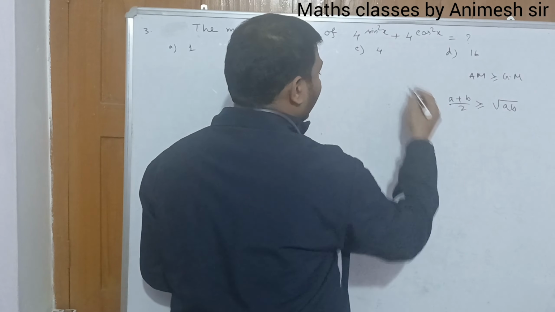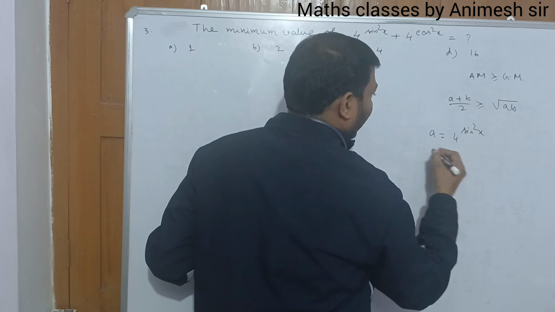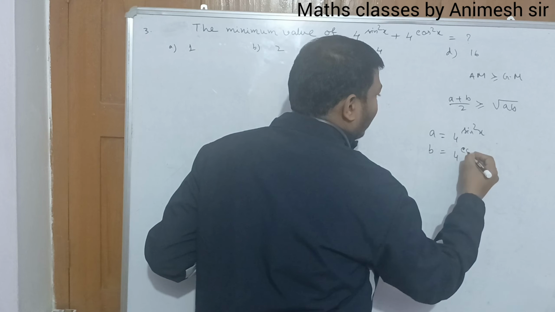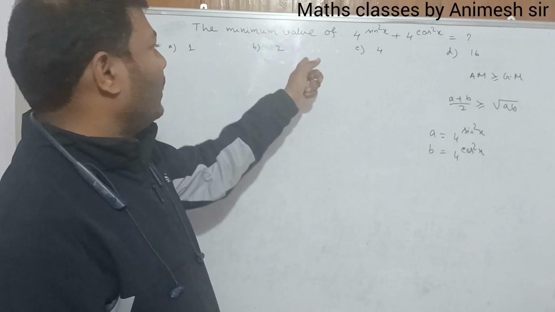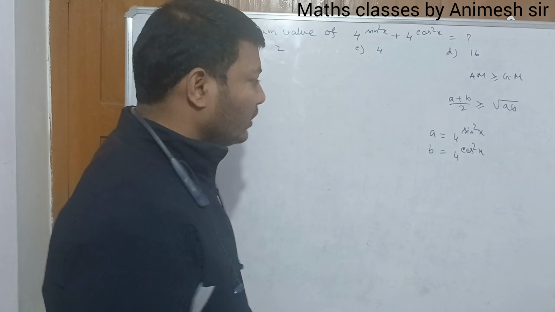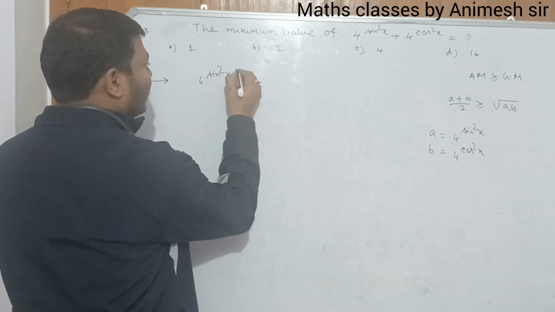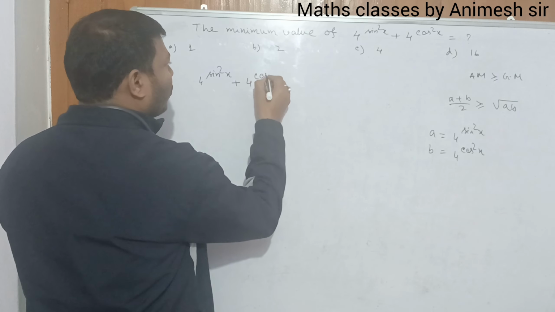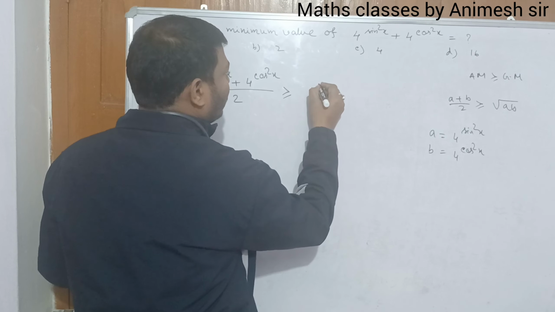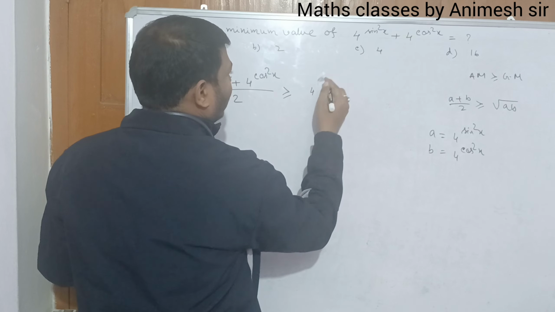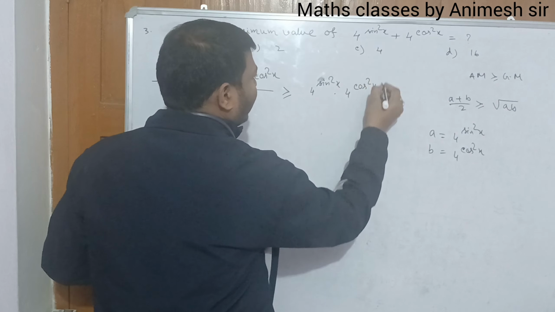So we are choosing here A equals to 4 to the power sin square x and B equals to 4 to the power cos square x. So what will be our AM greater than or equal to GM condition? This will give us 4 to the power sin square x plus 4 to the power cos square x by 2 is greater than or equal to root of 4 to the power sin square x into 4 to the power cos square x.